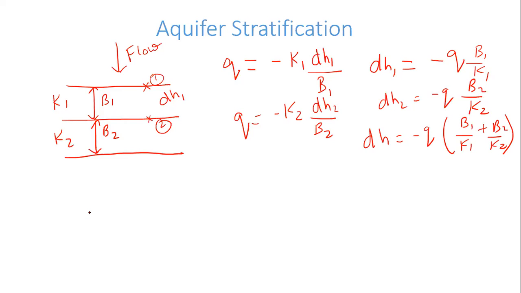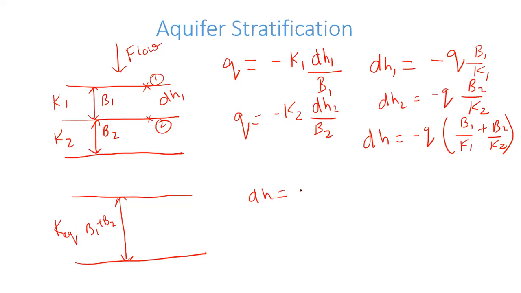Now, if I replace this with an equivalent system, which has a thickness of b1 plus b2 and has an equivalent k, then for that case the head loss will simply be minus Q into B1 plus B2 divided by K equivalent. Correct?